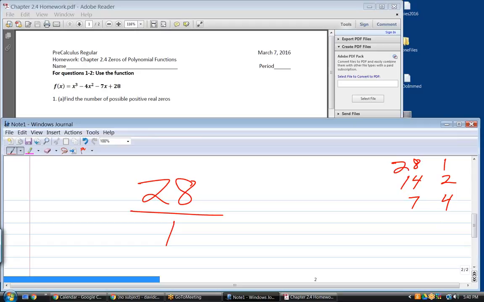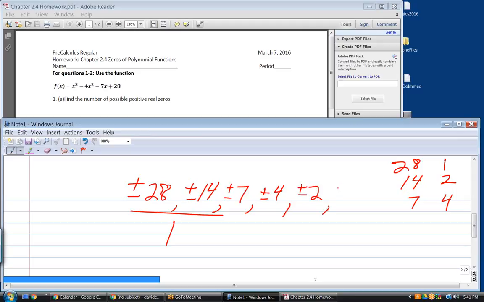Okay? So, what that means is that my numerator can be plus or minus 28, plus or minus 14, I'll list them in numerical order, plus or minus 7, plus or minus 4, plus or minus 2, plus or minus 1.